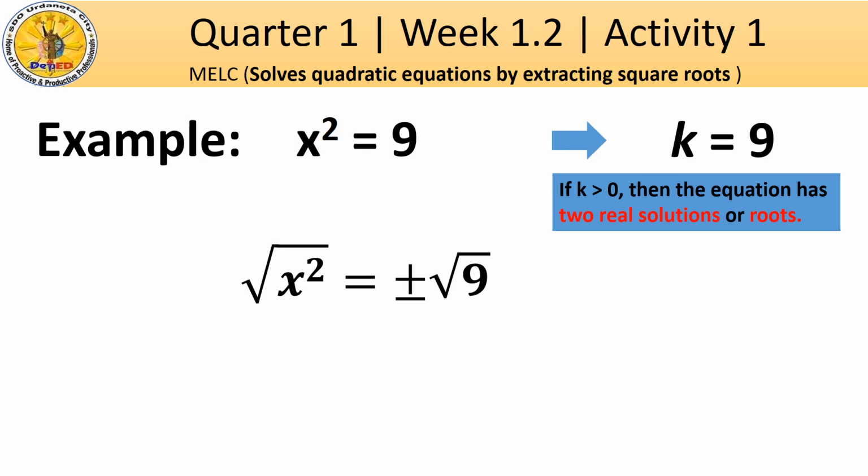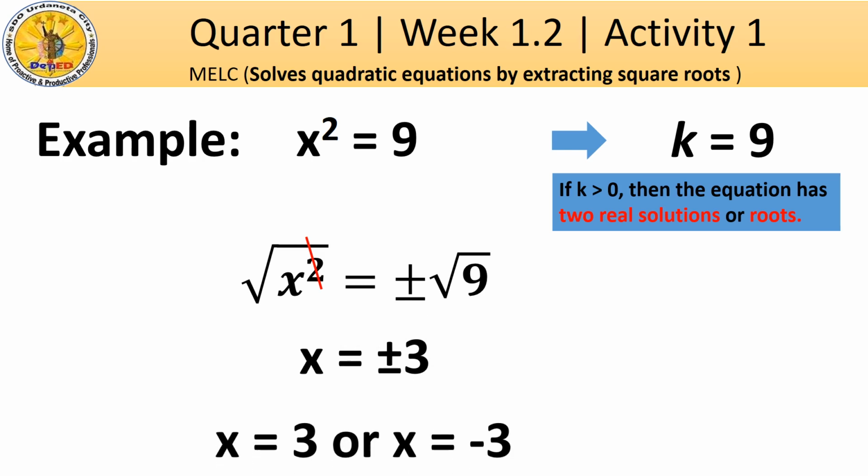If we take the square root of x squared, the exponent will be terminated, so only the variable x will be left on the left side. On the other side, the square roots of 9 are positive and negative 3. Therefore, the value of x in this equation is positive 3 or negative 3.